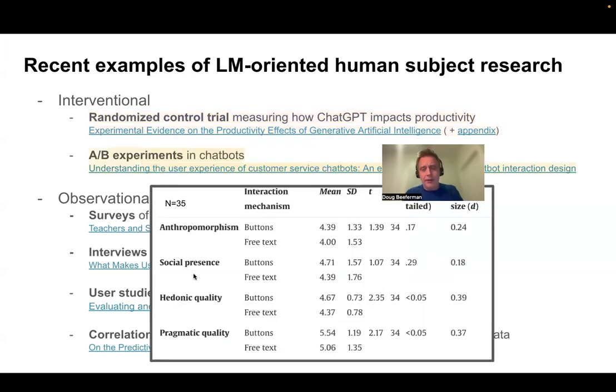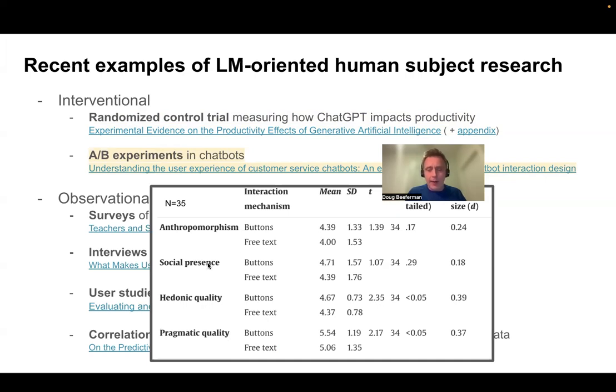So A/B experiments are really just industry jargon for randomized controlled trials, usually run in a live web service or an app. And so we might run an A/B experiment within a chatbot where we take some of the users and we change the behavior of a feature in some way for them.